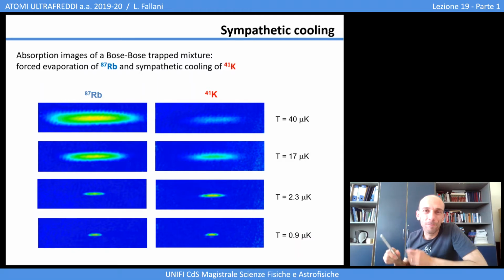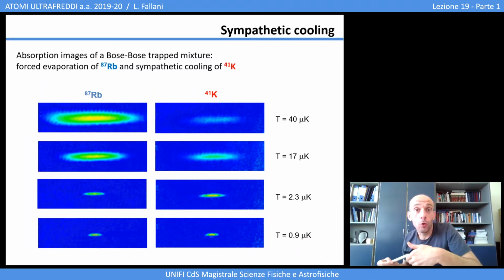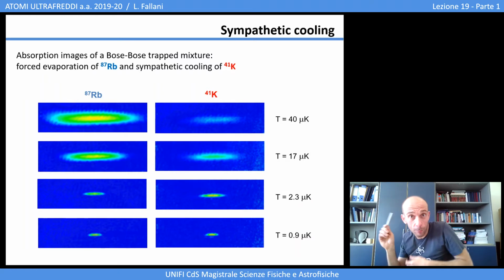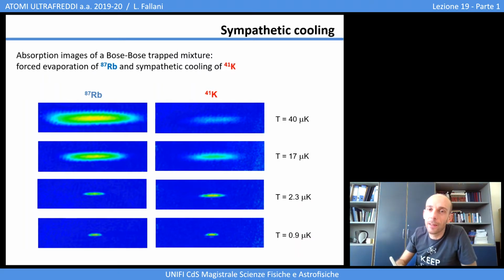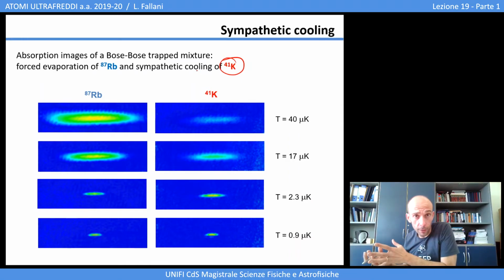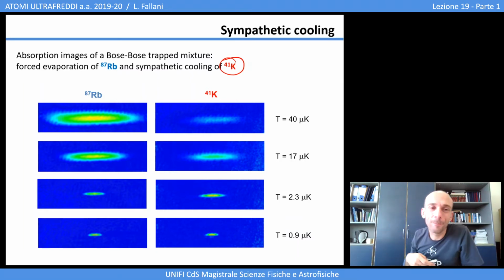And actually, this is not fermionic potassium, this is bosonic potassium, but the technique can be applied in general also to some bosonic species, as potassium-41, that naturally does not have very good collisional properties. So evaporative cooling does not work well for potassium-41, but sympathetic cooling works very well. And so you can see it here.